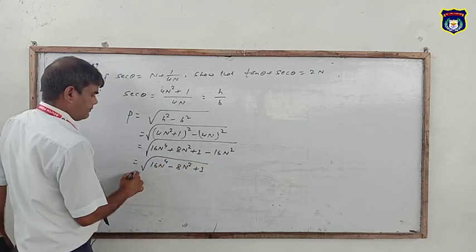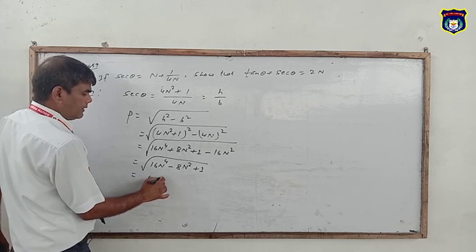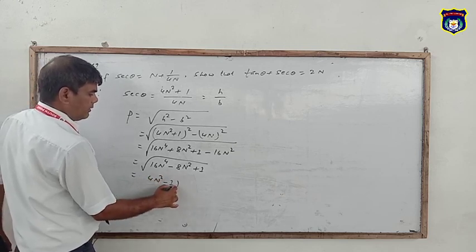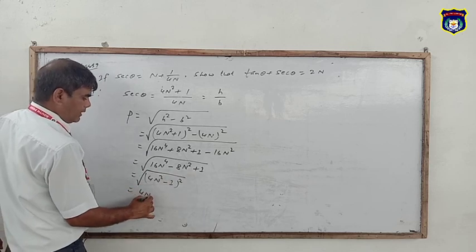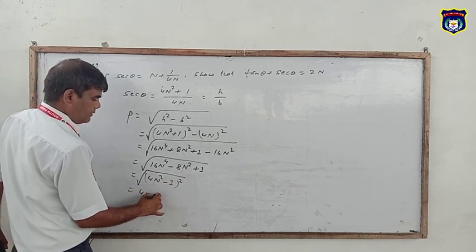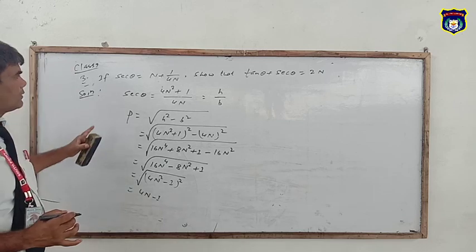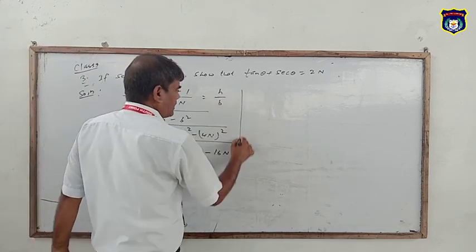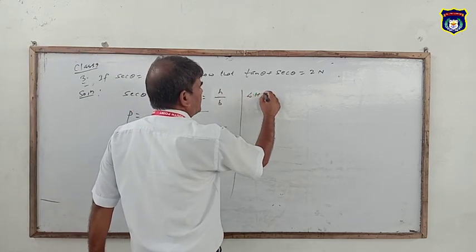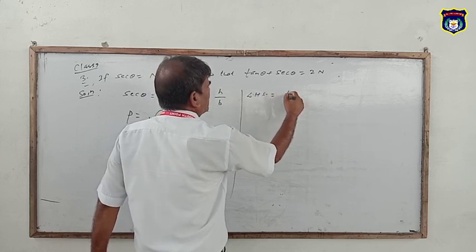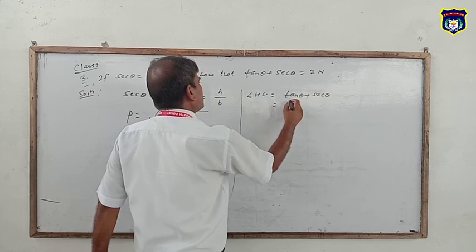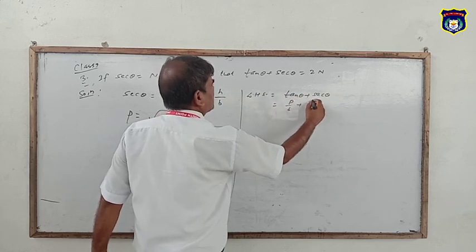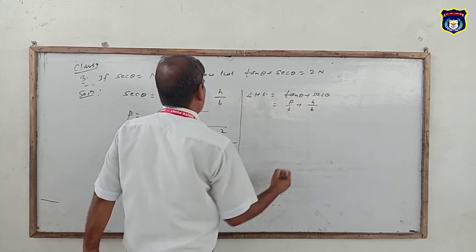So this is (4n square minus 1) whole square, and this is 4n square minus 1. P is equal to this. Now LHS is equal to tan theta plus sec theta. This is p by b and this is h by b.